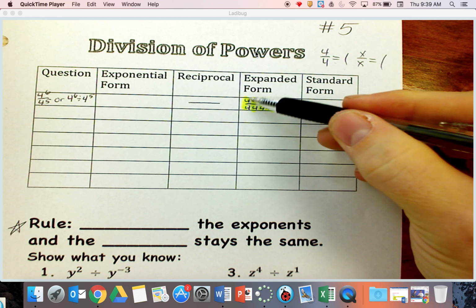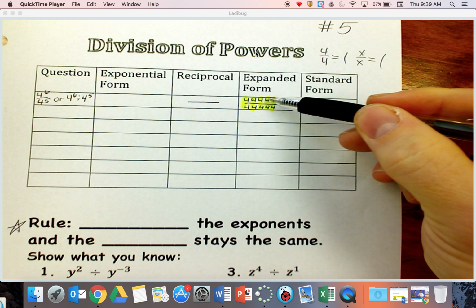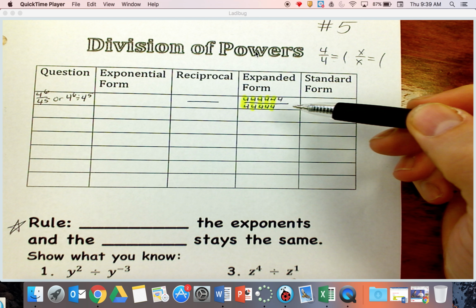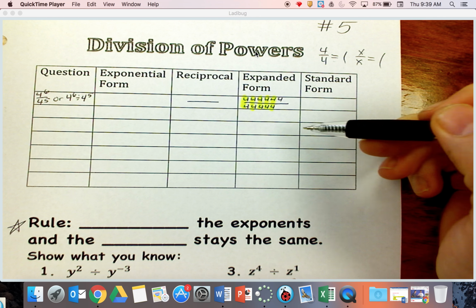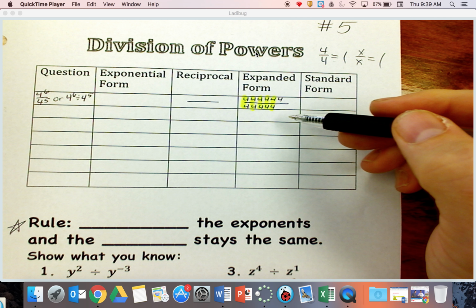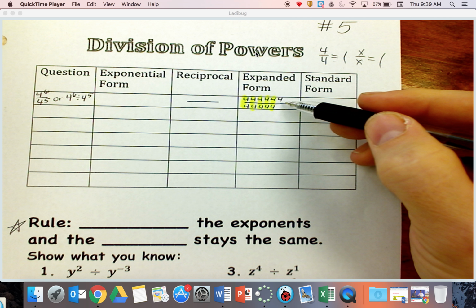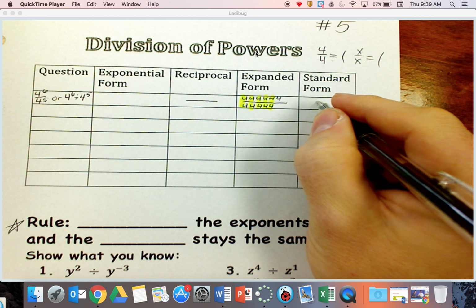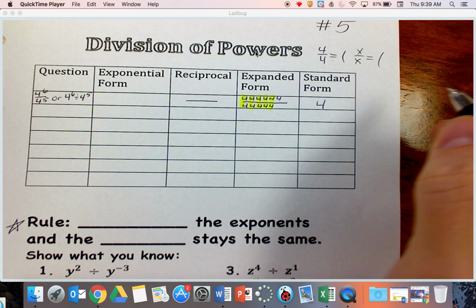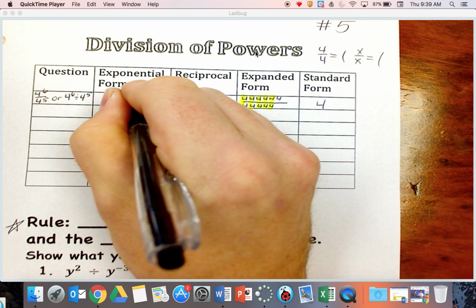I have a 4 over 4, a 4 over 4, a 4 over 4, 4 over 4, 4 over 4. And that's all 1. And anything times 1 is 1. So what am I left with? I'm just left with a 4. So this problem here is just, in standard form, 4, or 4 to the 1st power.